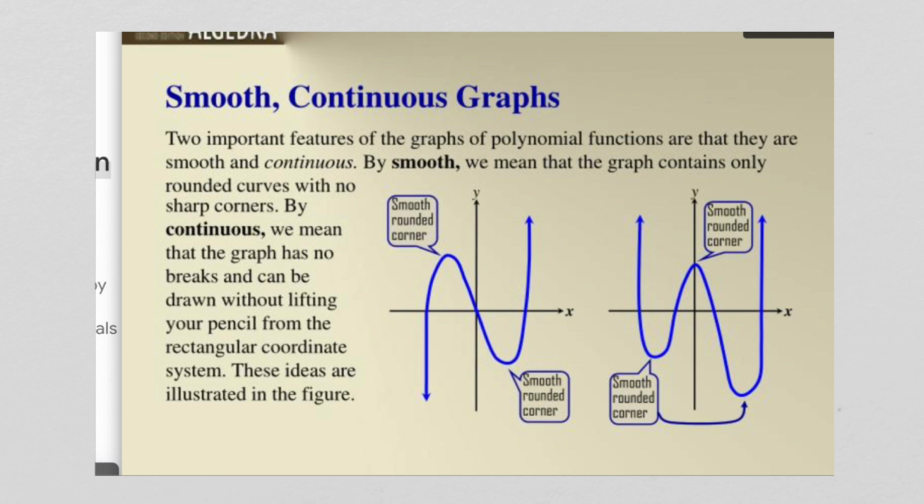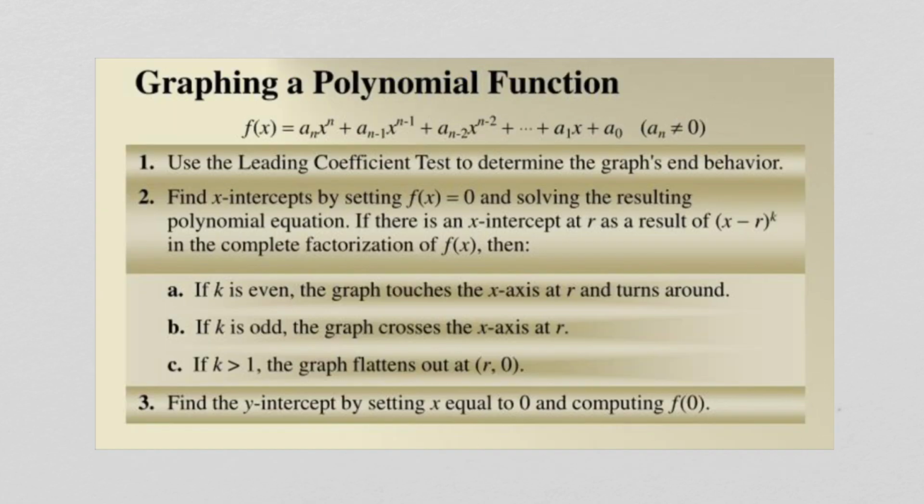Smooth continuous graphs, we did that. Okay, so graphing a polynomial function. Use the leading coefficient test to determine the end behavior, where the graph is going to infinity. To find the x-intercepts, you set the function equal to 0, and the result gives you your x-intercepts.